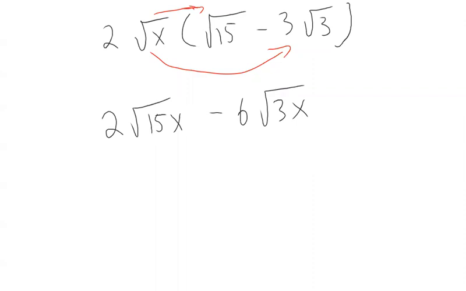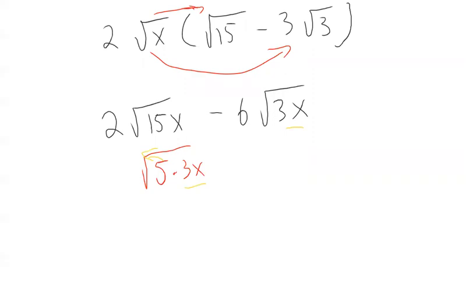Now, we have to be careful here. If you look at 15, I can break it down to be 5 times 3x, and these things both have a 3x in them. However, because I can't take the 5 out, they are not the same, so I cannot do anything.